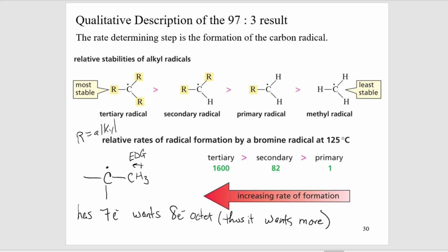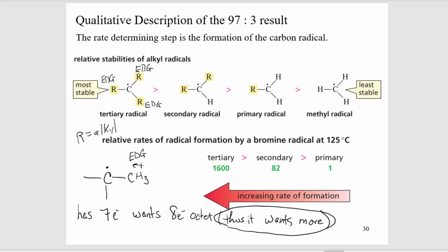That's kind of good. It's not resonance, but it's an electron donating group. If I have 3 electron donating groups, I am making that radical carbon, the one that wants more, feel so much better.